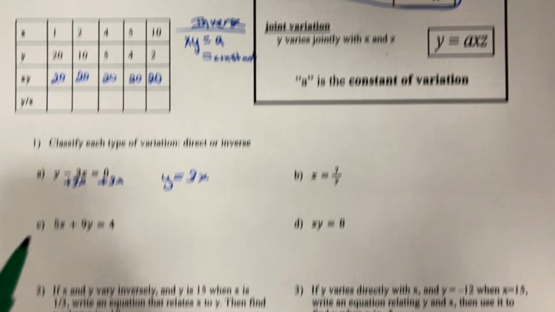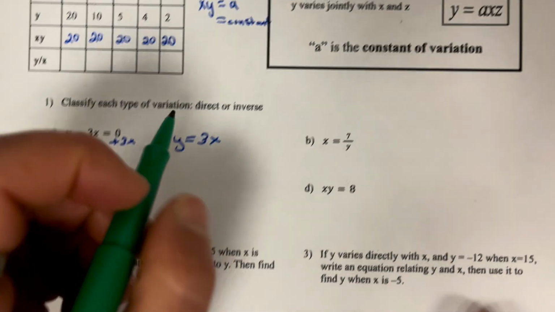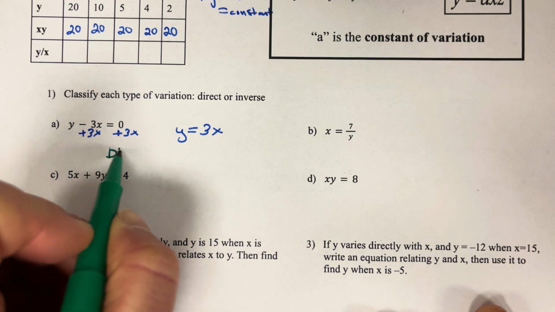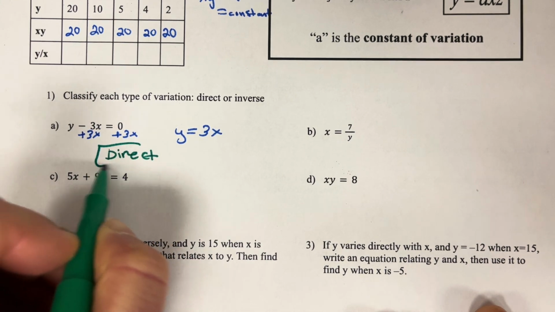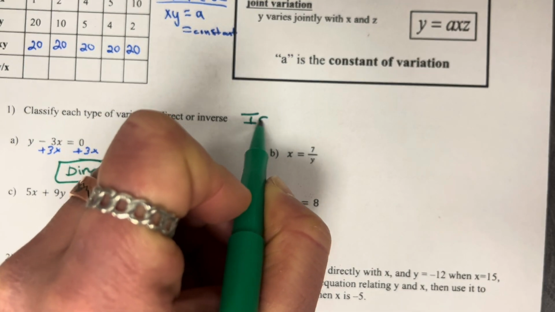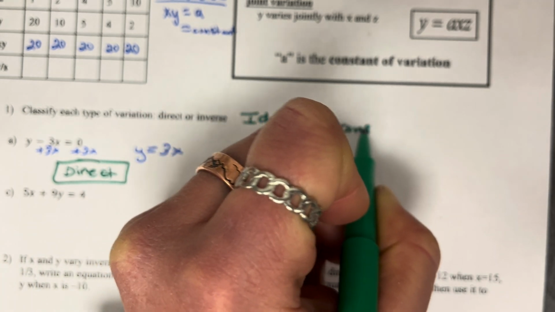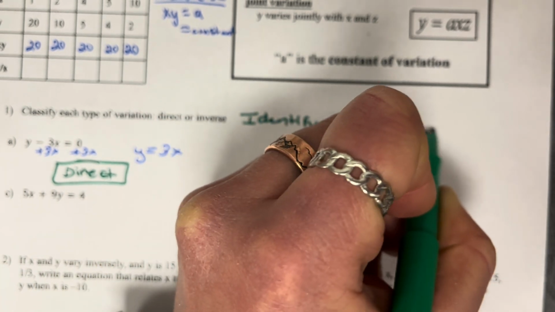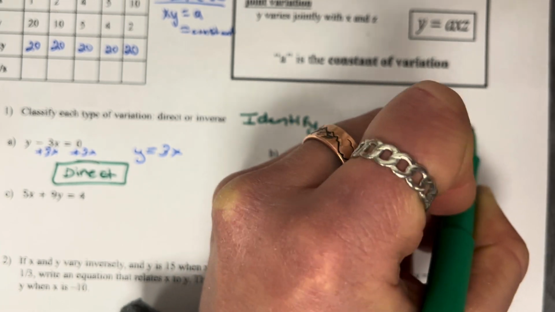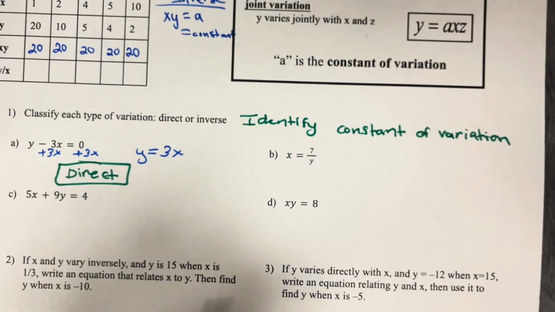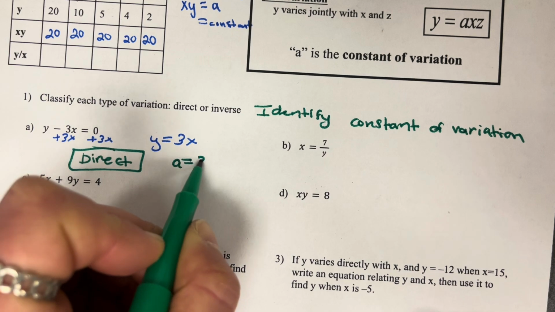That means that this looks like y equals a times x, so that is direct variation. We're also going to identify the constant of variation. So in this case, a equals 3.